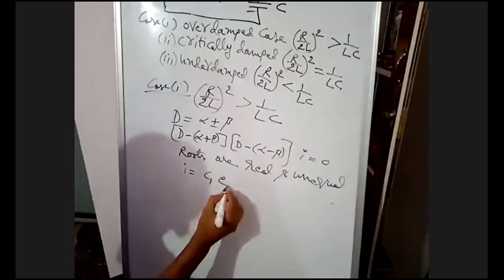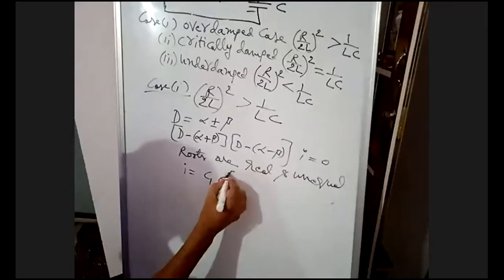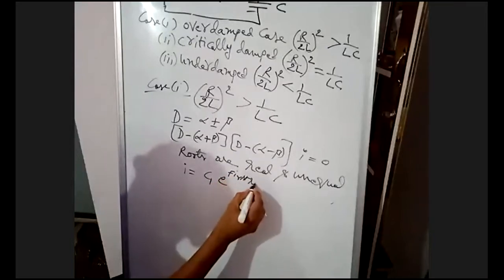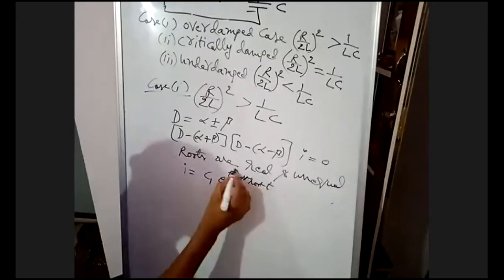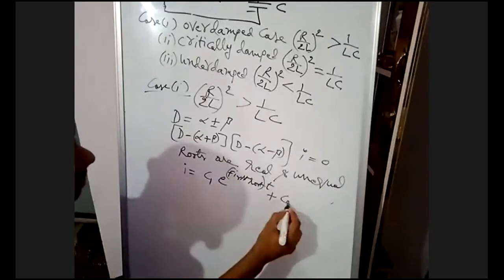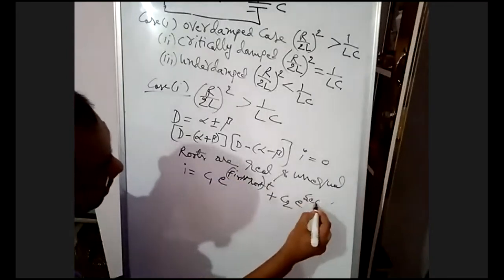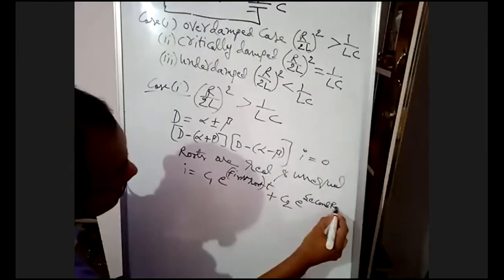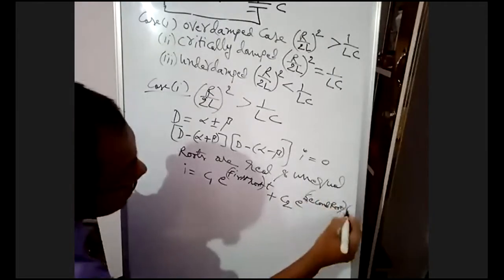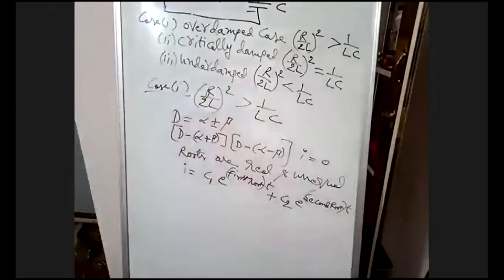C1 into e power first root into t plus C2 into e power second root into t.